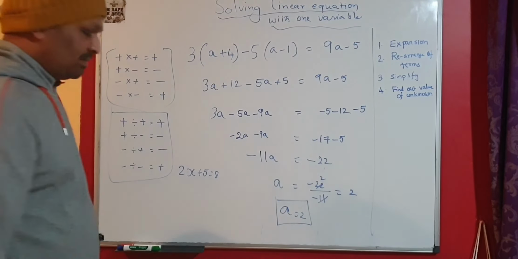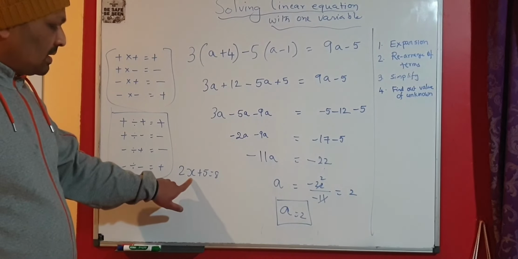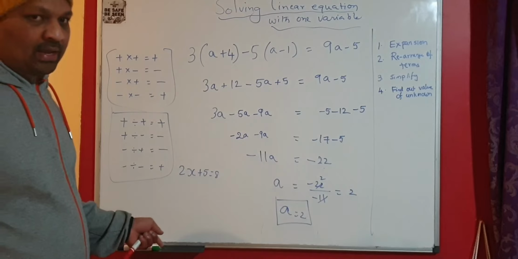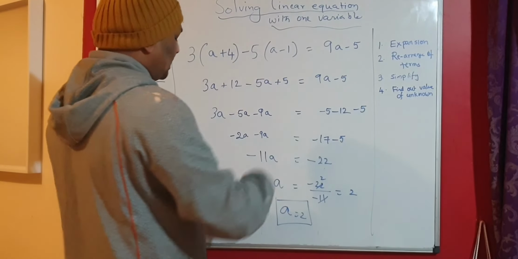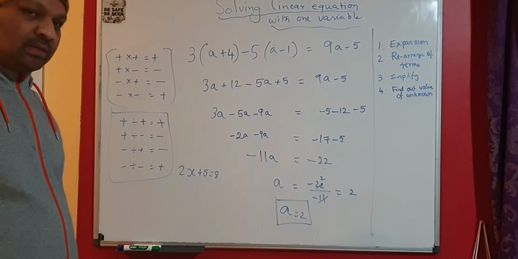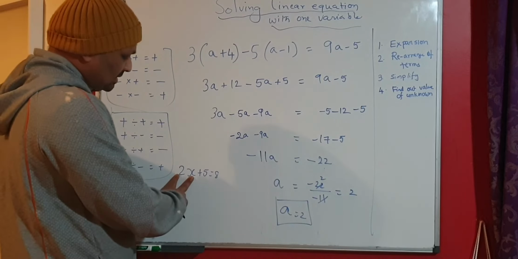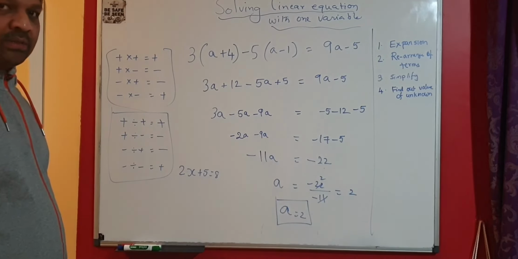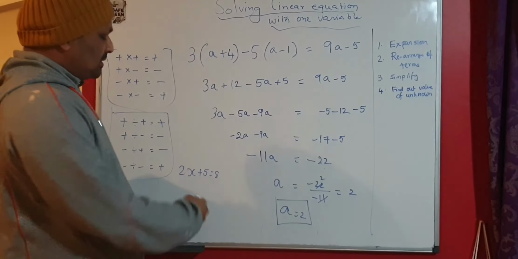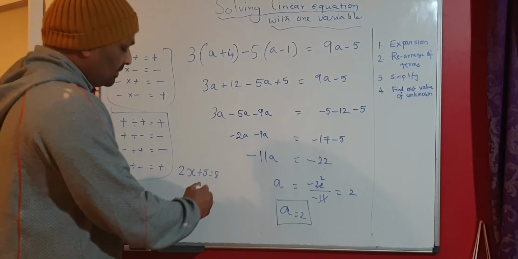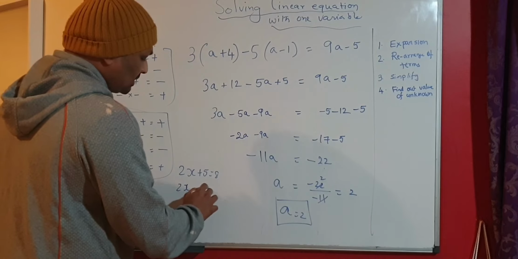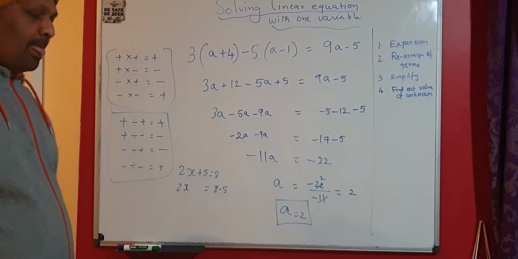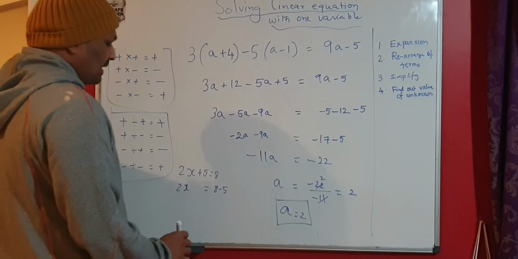This is also a linear equation having a variable x in it, but there is no need for expansion because there is no bracket. The next step is to rearrange the terms. You leave the term that has x on the left side and you take all the constants to the right side and then simplify. Let's quickly do it. 2x equals 8 minus 5, because plus 5, if it goes to the other side, becomes minus 5.